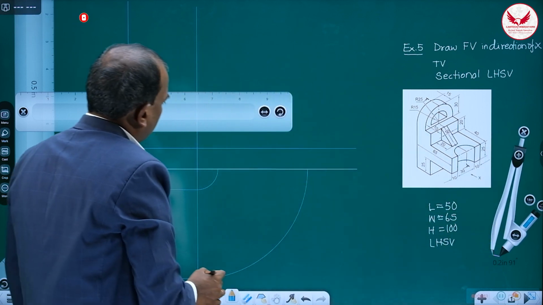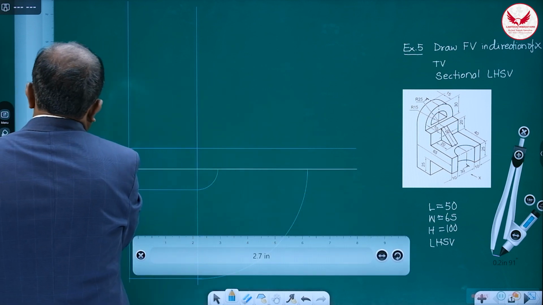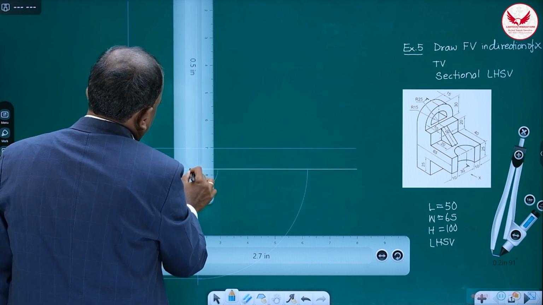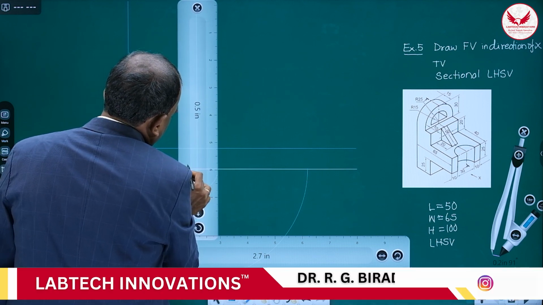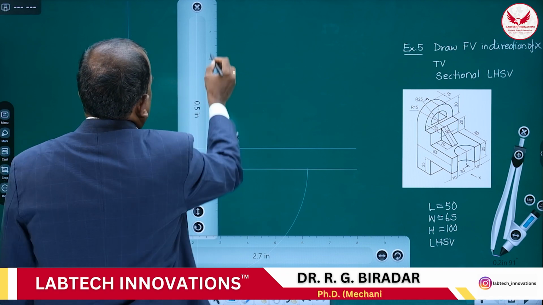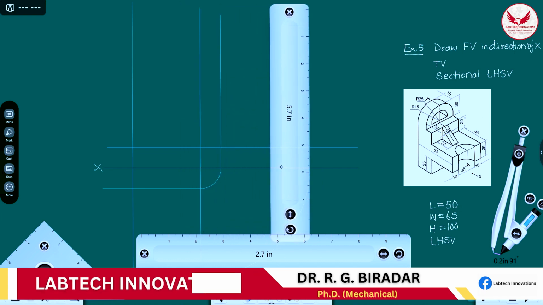From this, we can draw the vertical lines up to this, and here also.